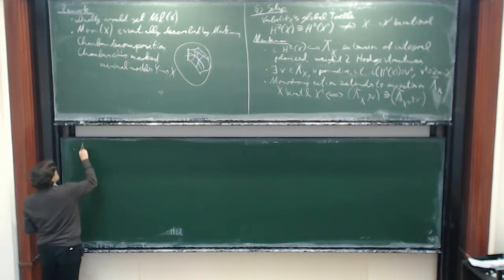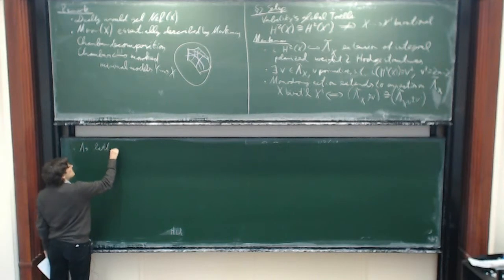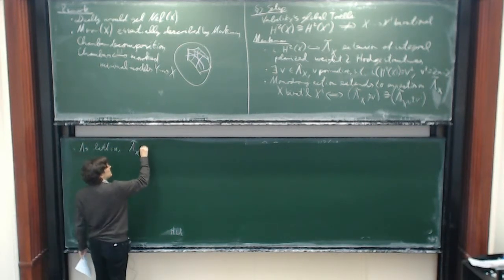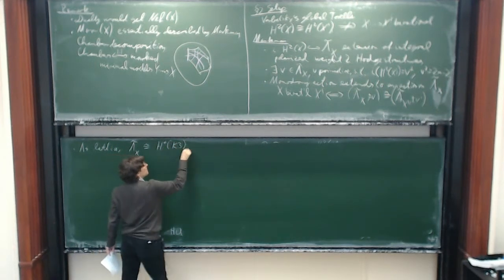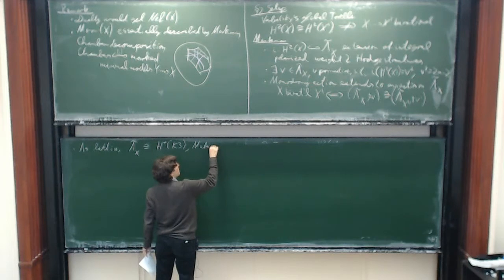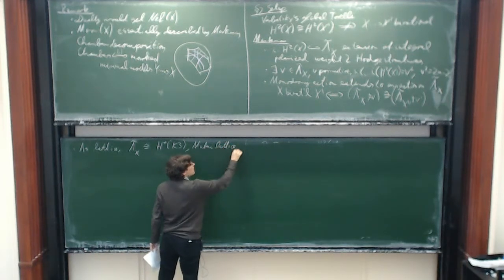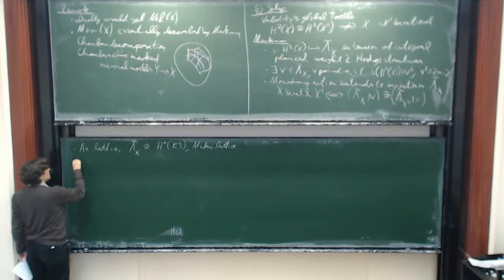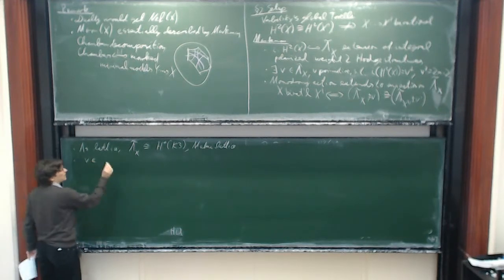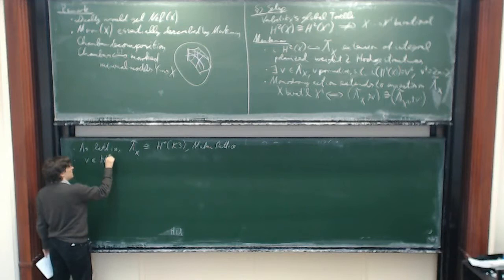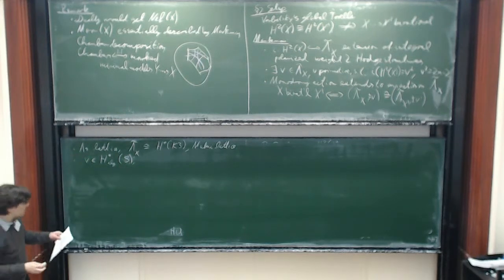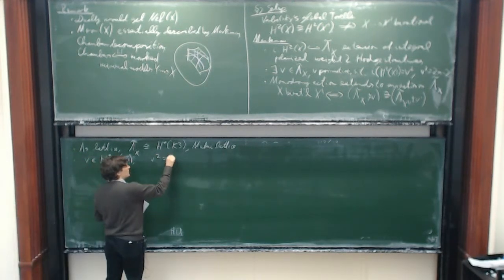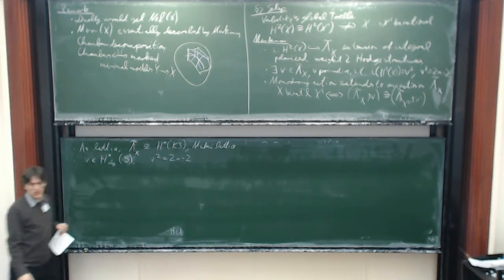As a lattice, this lambda X twiddle is just isomorphic to the Mukai lattice of a K3. So let's say we start with a K3 surface, and I pick an algebraic class v of the right self-intersection with respect to the Mukai pairing.